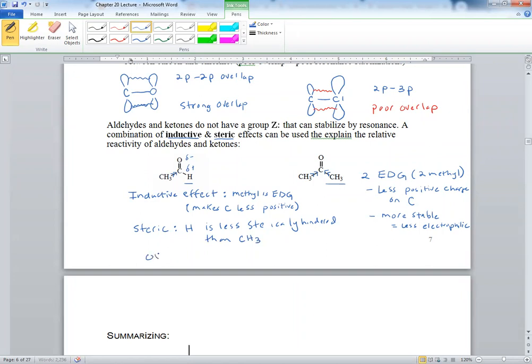Therefore, overall, aldehydes are more reactive. Electrophilic, let's use that word, than ketones.